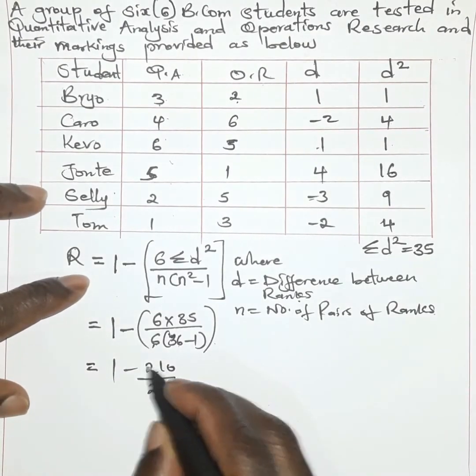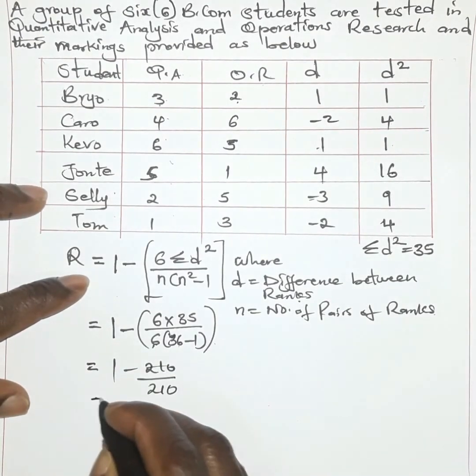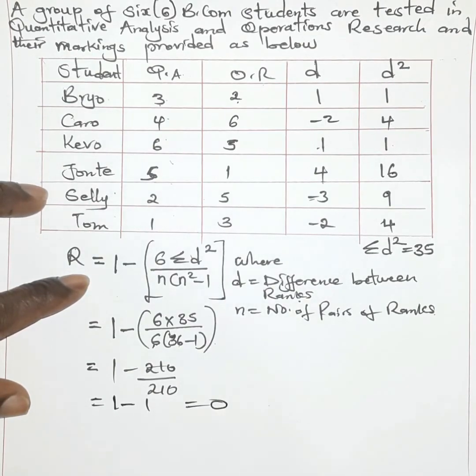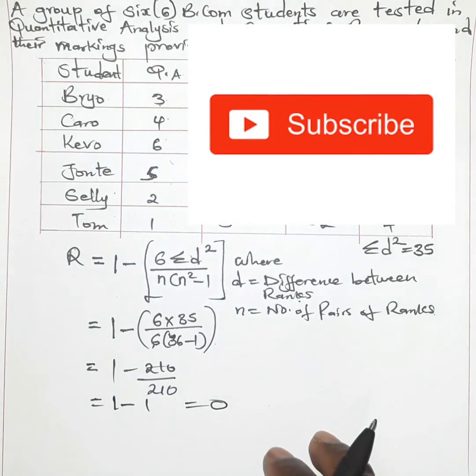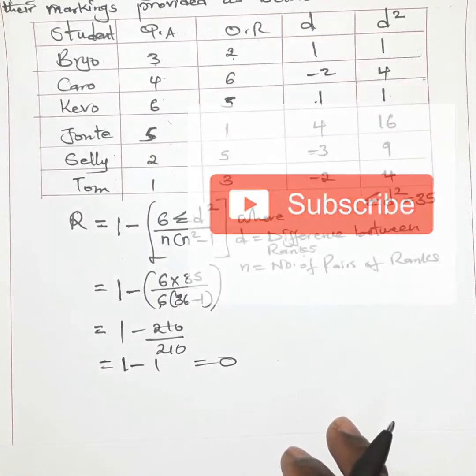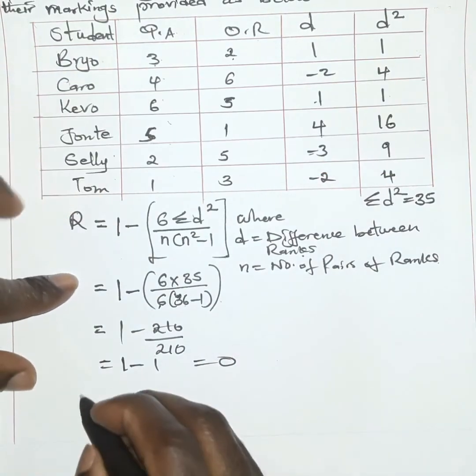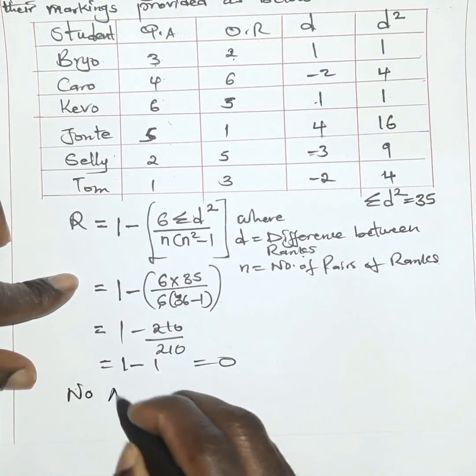So this is essentially 1, and the answer is 1 minus 1, which is 0. A value of 0 means there was no relationship or no association.